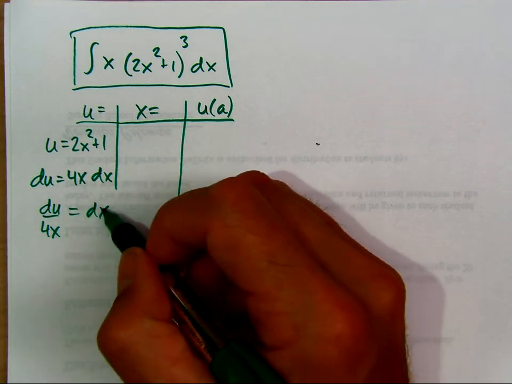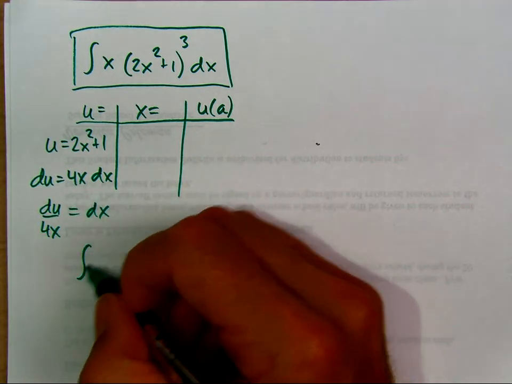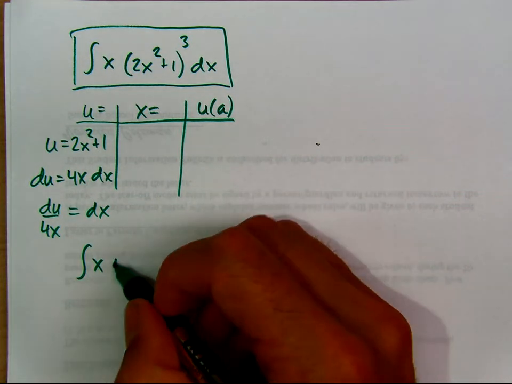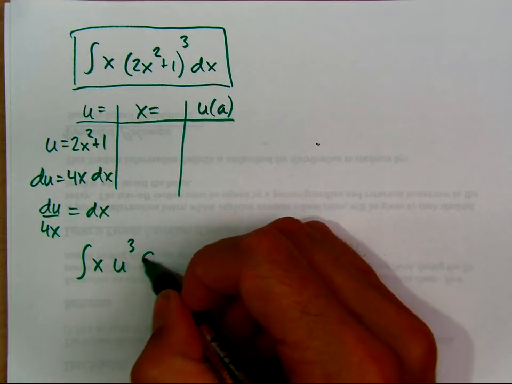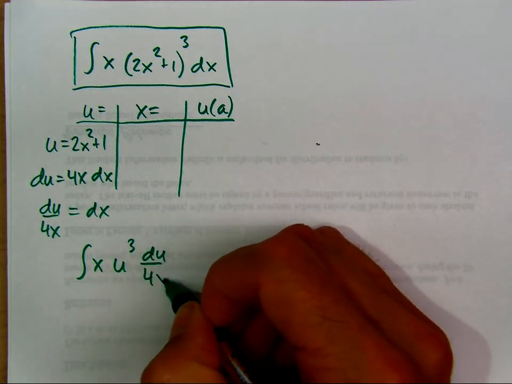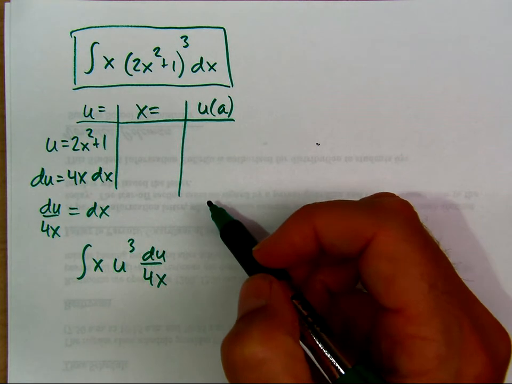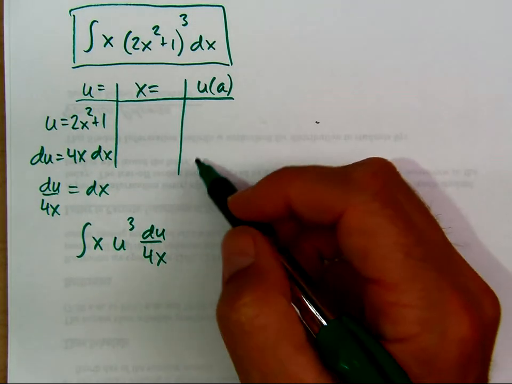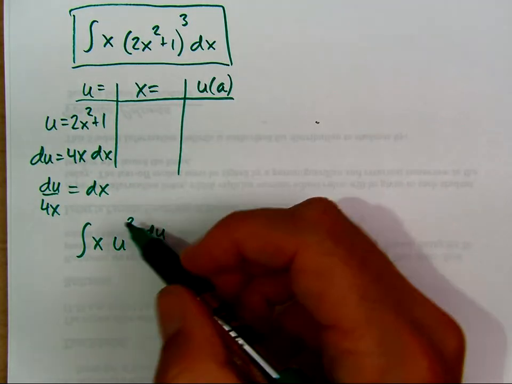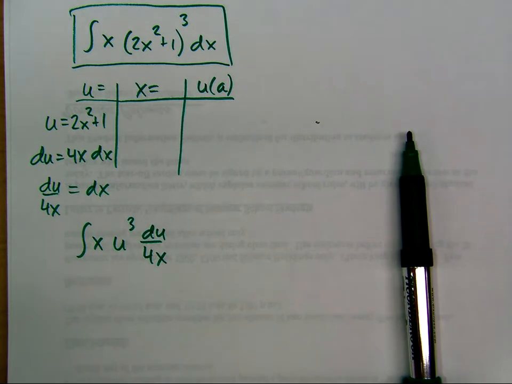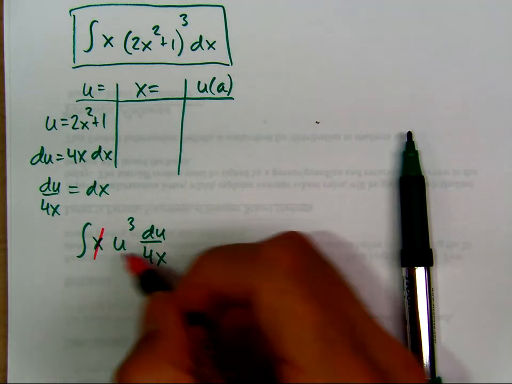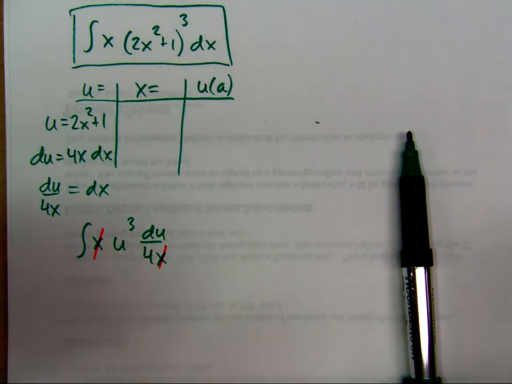So now we can substitute for dx. X, u cubed, du over 4x. So we substitute for dx. The x's cancel, and we're left with a 1/4.